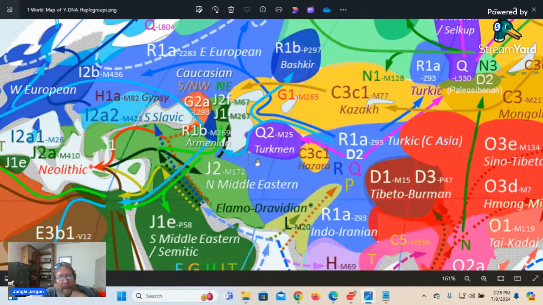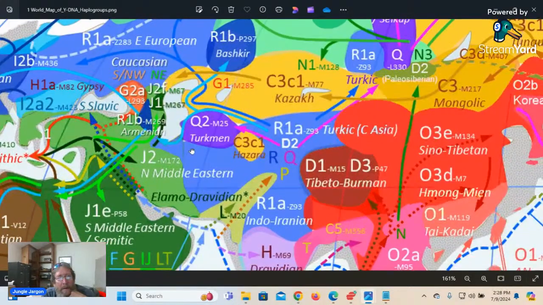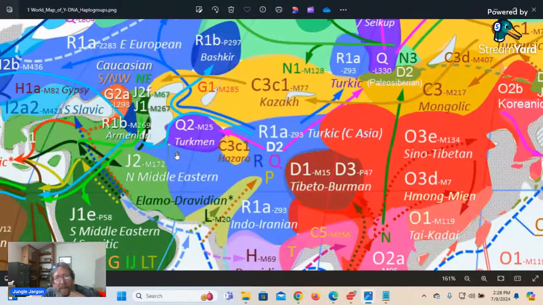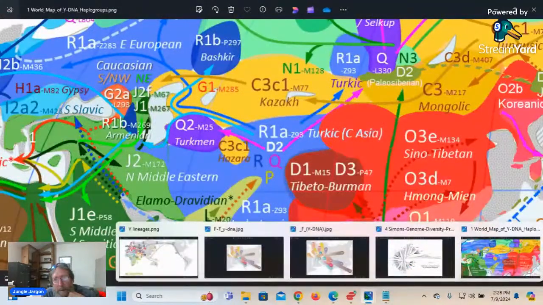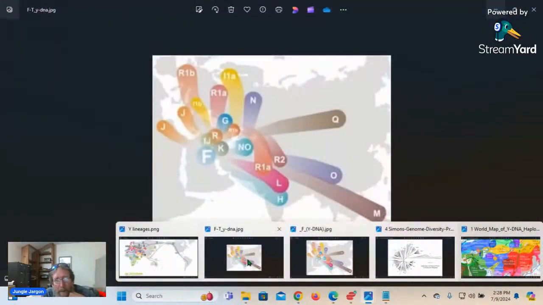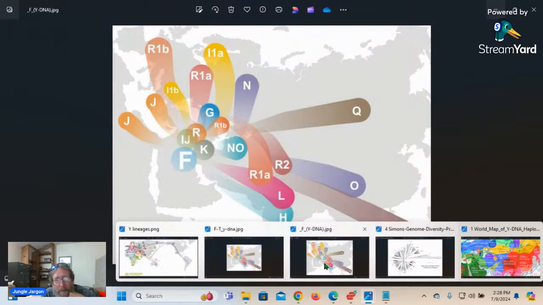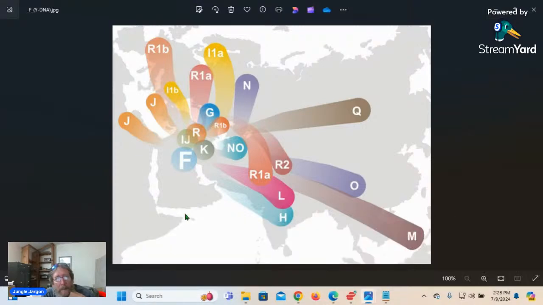But the F lineage, well, not the F lineage. I'm thinking of another one. But anyways, the F lineage is a Semitic lineage. Oh, wrong one. Yeah, usually this is how they show it here.